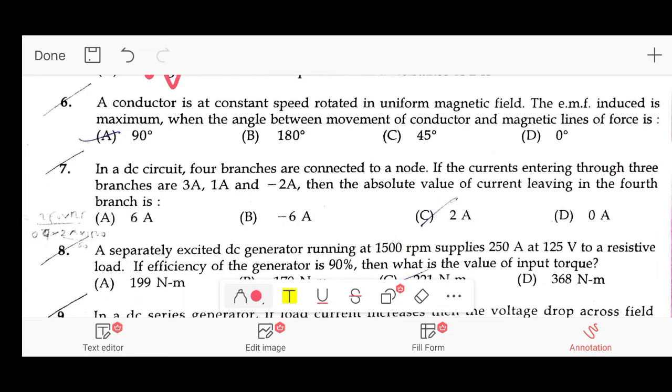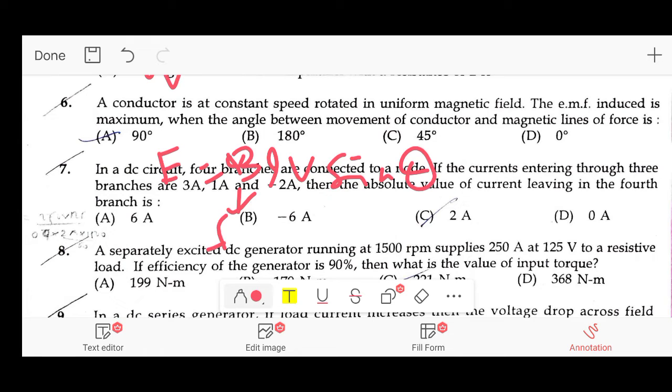We have the induced EMF formula, E equal to BLV sin theta. B is the flux density, with units of Weber per meter square. L is the active length of the conductor and V is the velocity of the conductor.